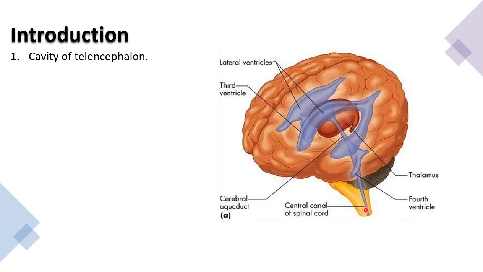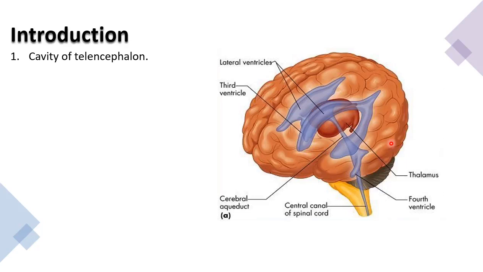Through the openings in the roof of the fourth ventricle, the foramen of Magendie and Luschka, the CSF escapes and enters the subarachnoid space. All this we have discussed in detail in the meninges class, the introduction to neuroanatomy and meninges. We have discussed the fourth ventricle, then the third ventricle, and finally we have come to the lateral ventricle.